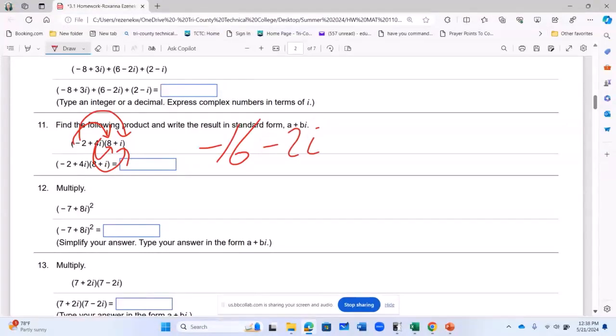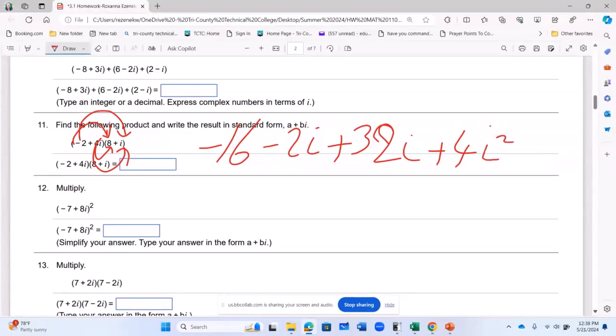And then I'll add the other one: 4i multiplied by 8. 4 times 8 is 32, so I have plus 32i. And then 4i multiplied by 1i, I have 4i squared.